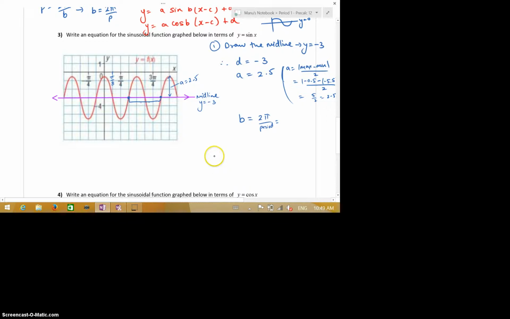So 4 pi over 8, which is the same as pi over 2. Right? Pi over 2. So the b value as a result is going to be 2 pi divided by pi over 2, which is the same as 2 pi times 2 over pi, which is 4. So the b value ends up being 4.